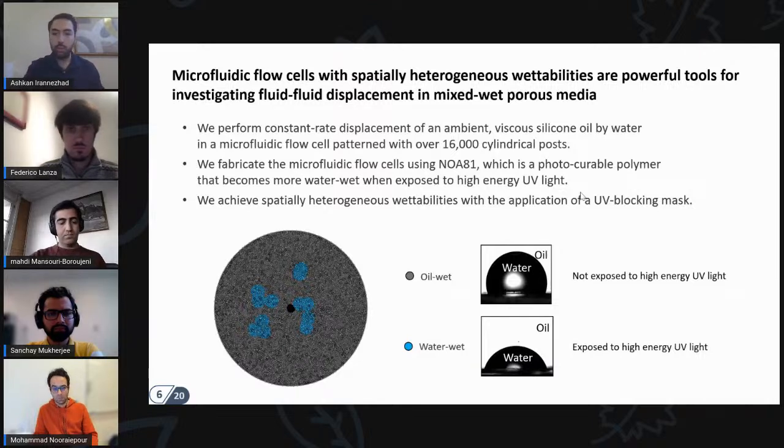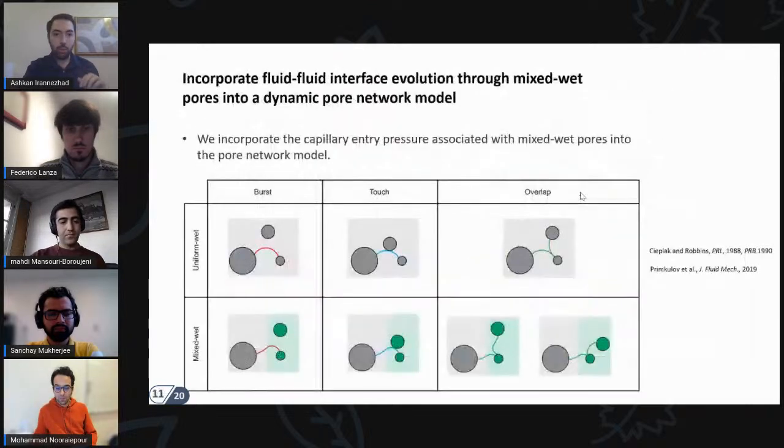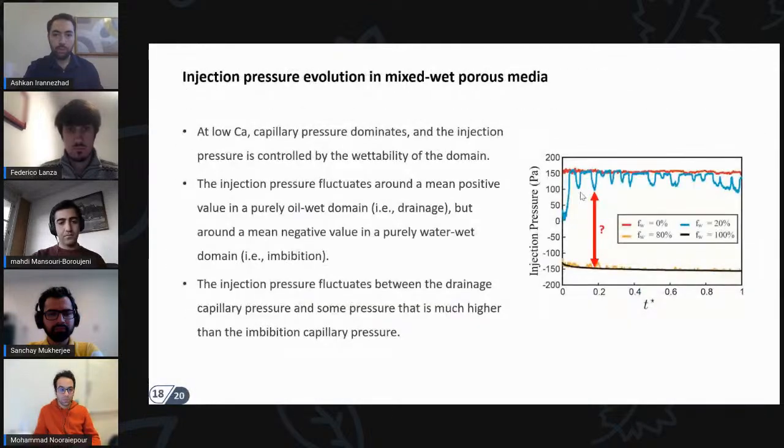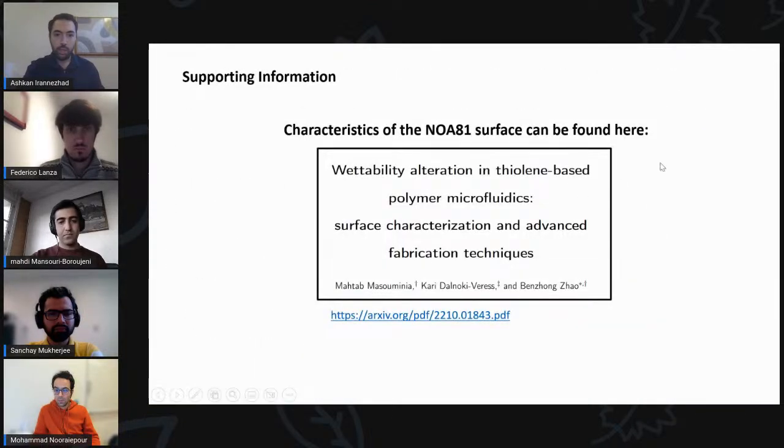and it's very important. Again, I want to refer you to another paper, written by Massimini et al., that has more details about the chemical characteristics of this kind of microfluidic cells with different controlled wettability situations and the roughnesses.